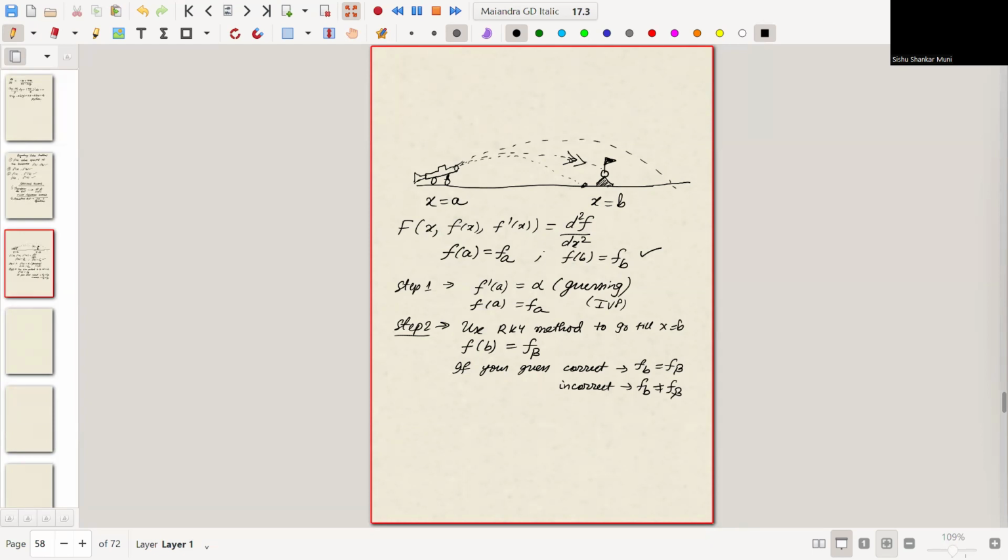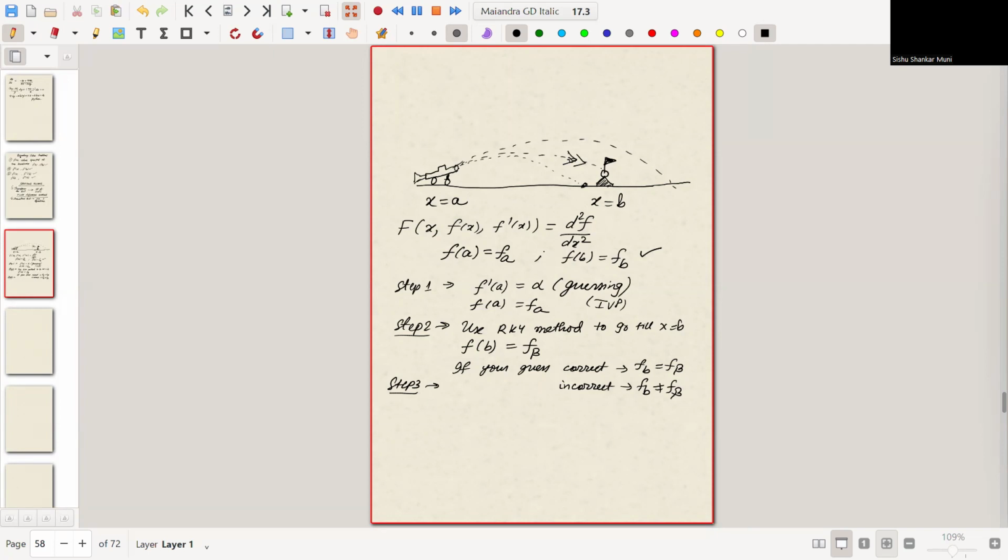So this is the third step, to compare the values of f of beta and f of b. If your guess is good, f of b is equal to f of beta, then you are done. You don't have to do anything else.